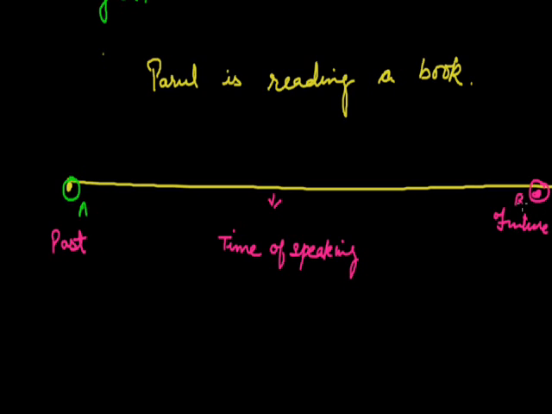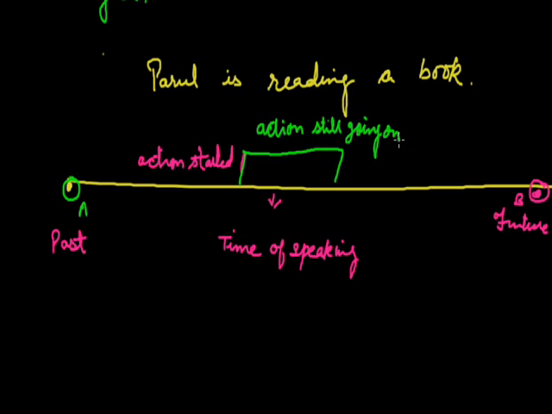This is point number B. So again, action started from here, action started. And at time of speaking, action still going on. When we are speaking, action still going on. Right?